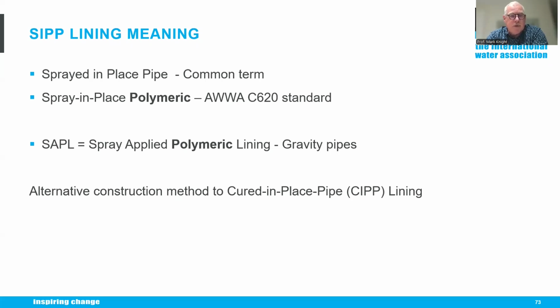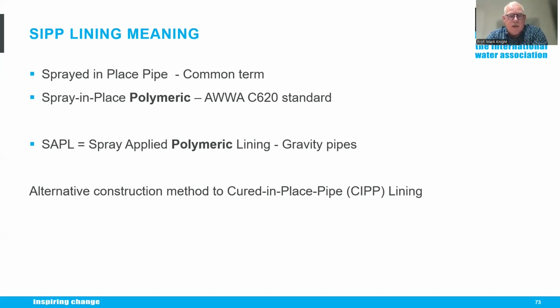Another term in the industry is spray applied polymeric linings. These have been used in culverts and other gravity pipes. So that's a little bit different, but the application is similar. Different types of materials are being used.